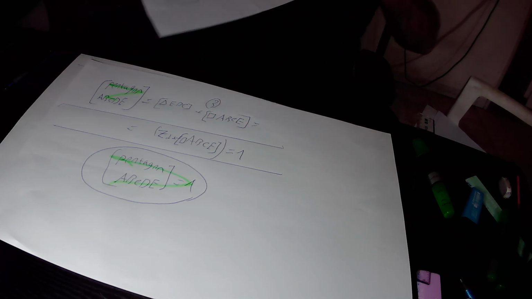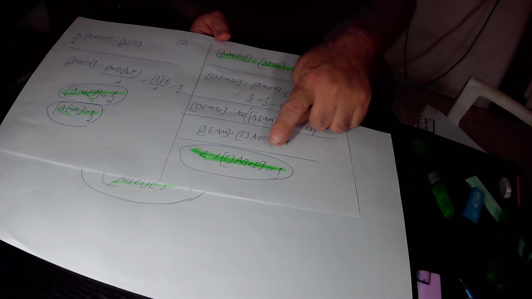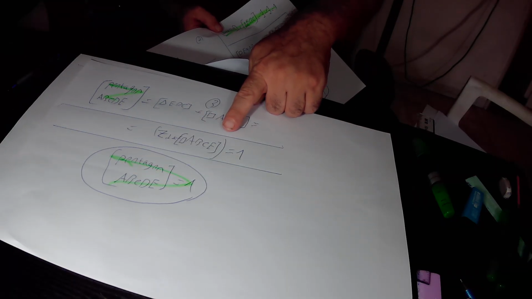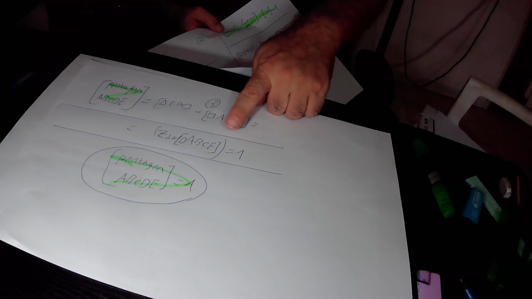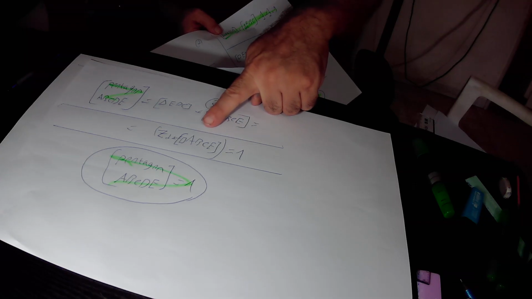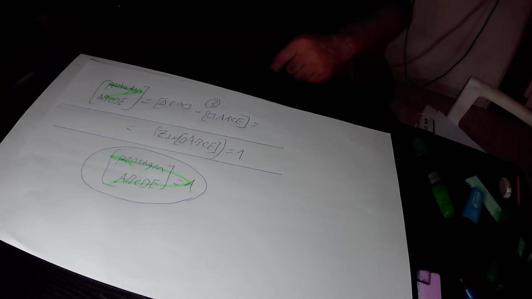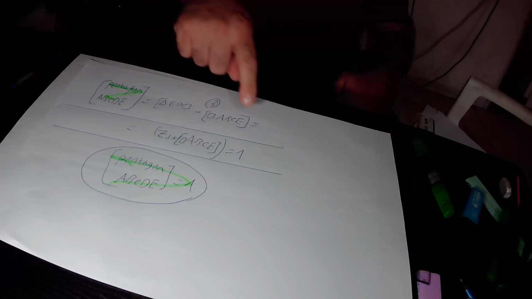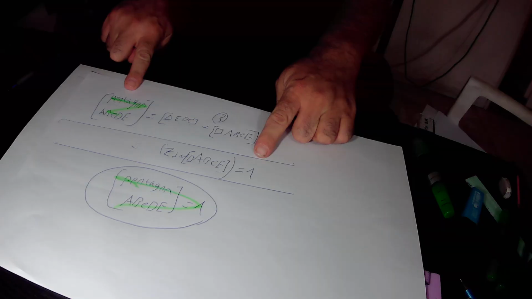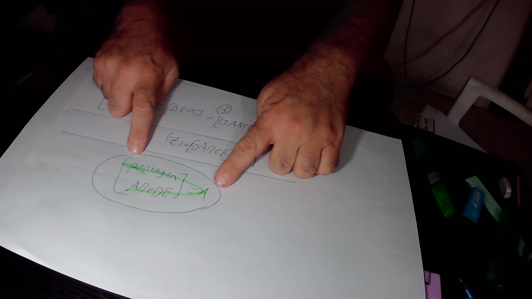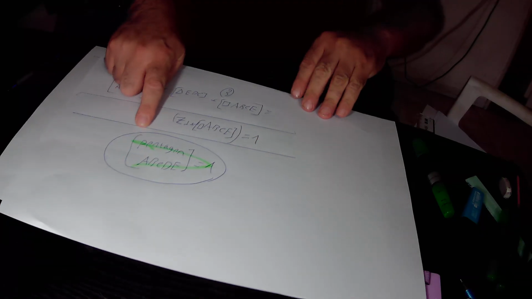I copied this equation here. The area of pentagon ABCDE equals Z plus the area of quadrilateral ABCE equals 1. And from this long equation, we derive that the area of pentagon ABCDE equals 1 square inch in size.